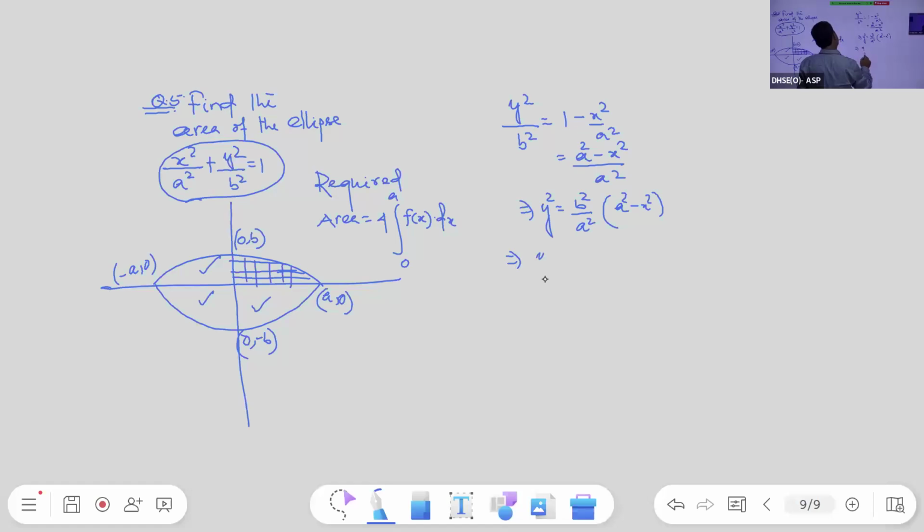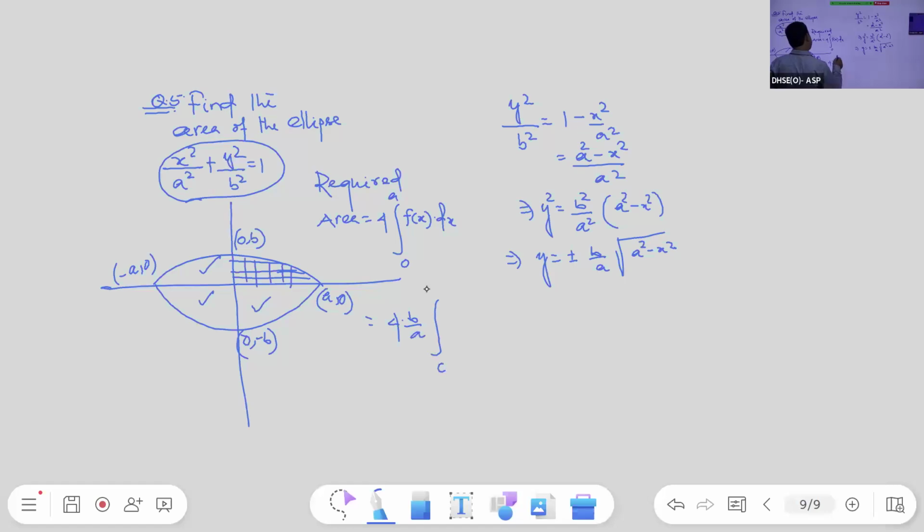So y is equal to plus or minus b upon a into under root a square minus x square. Since we are taking the curve in the first quadrant, we have to take the positive sign only.